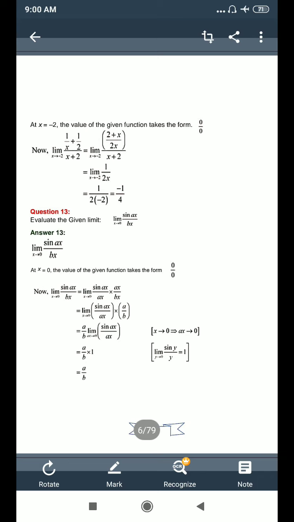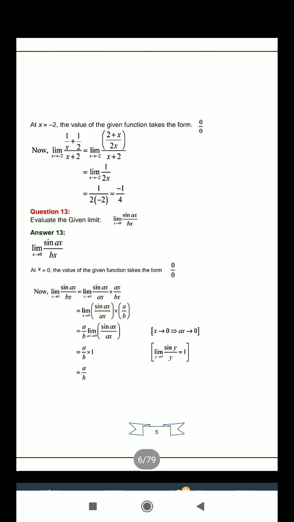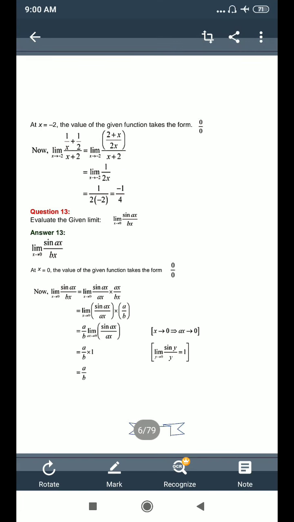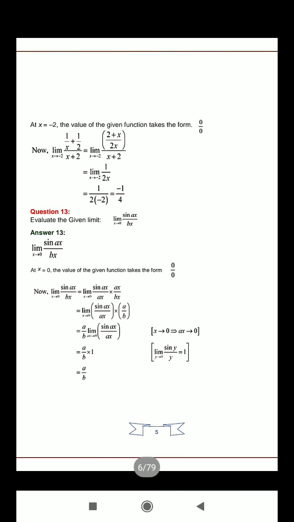To solve this question, just take 2x as LCM in numerator. So it will be (2 plus x) upon 2x. This 2 plus x will be cancelled out by the 2 plus x in the denominator, so it will remain only 1 upon 2x. Now you put x equal to minus 2. So minus 1 by 4 will be the answer.